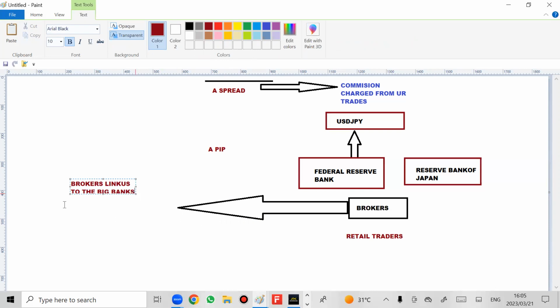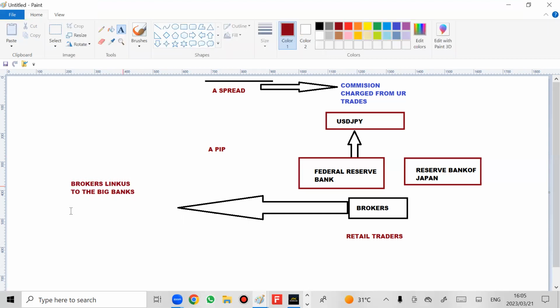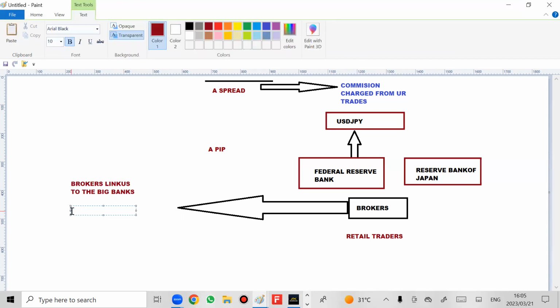What else do the brokers do? They charge, but don't say they charge lesser. They charge differently on any item you trade, and it can be much on exotics.